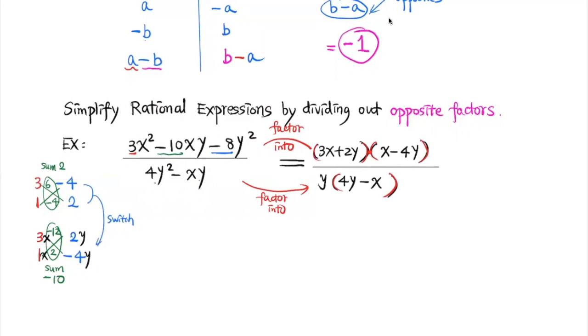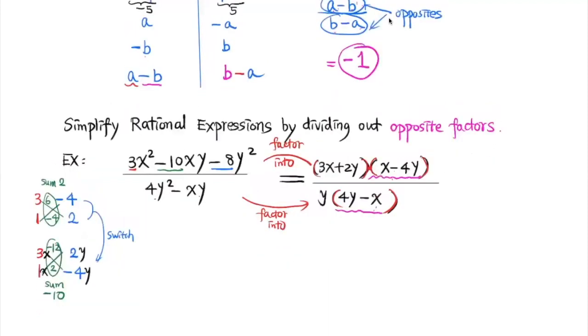Do we have a common factor we can divide out up and down? These two look kind of related, right? This is x minus 4y, this is 4y minus x. Just like a minus b divided by b minus a, X minus 4y and 4y minus x are opposite factors.